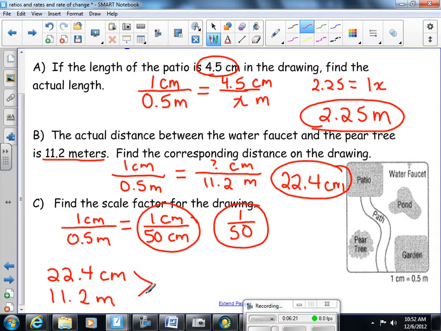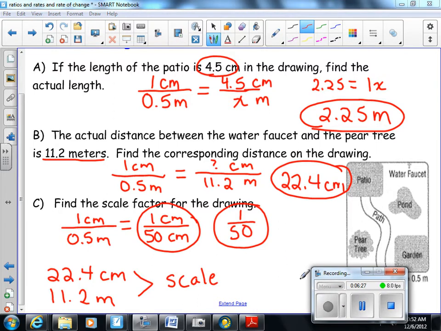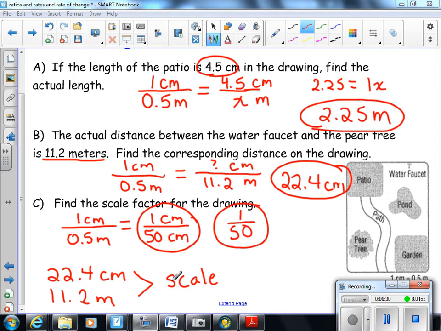Suppose from this we want to find the scale. How would I find the scale? Well, you want to know how many centimeters in the drawing equal how many meters.